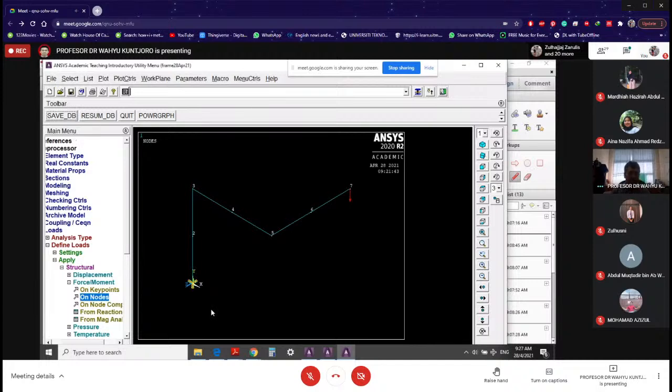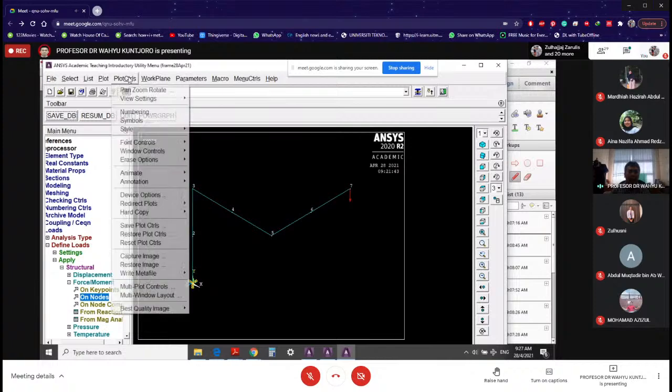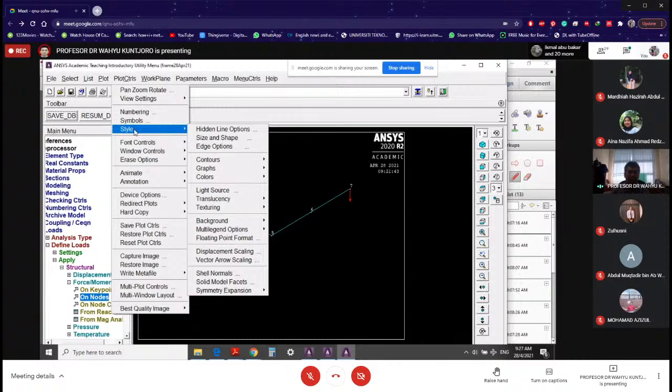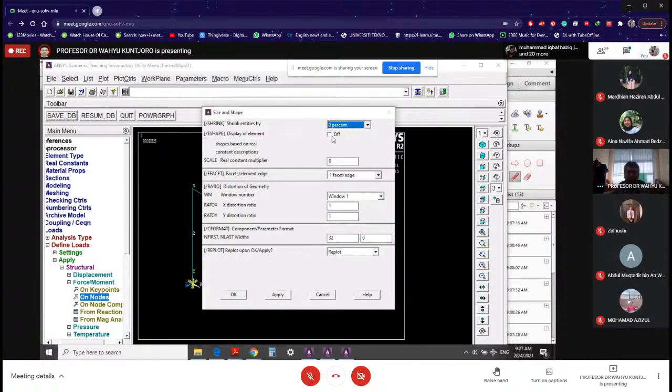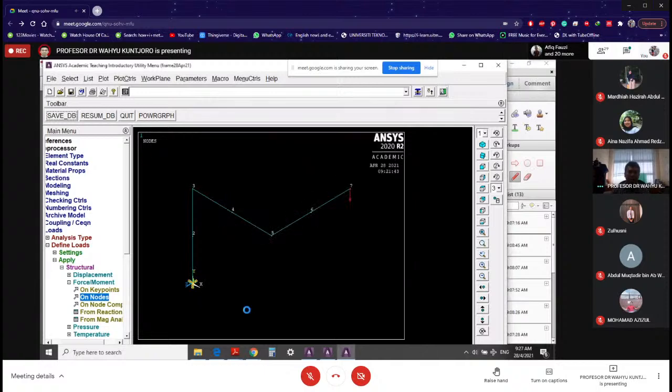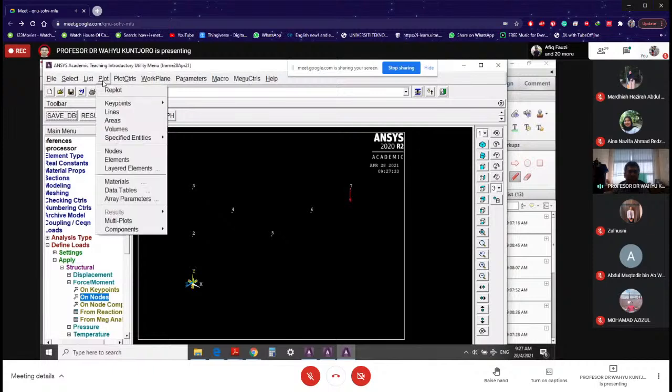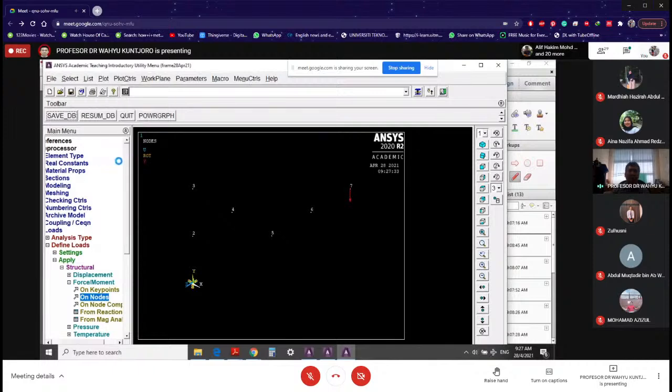Now, if you want, you can look at this in a better way by going to Style, Plot Controls, Size and Shape, click on Scale as 1, and then Plot Element.